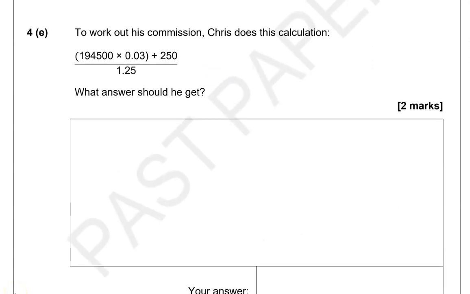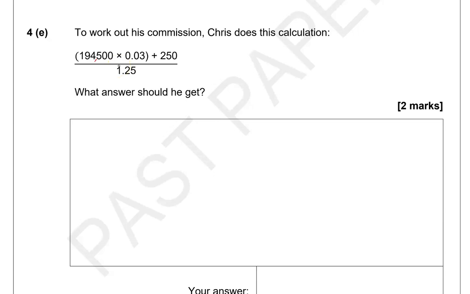To work out his commission, Chris does this calculation. 194,500 times 0.03 plus 250, all divided by 1.25. What answer should he get? So you need to do what is within the brackets first.